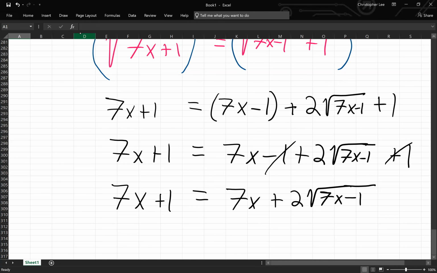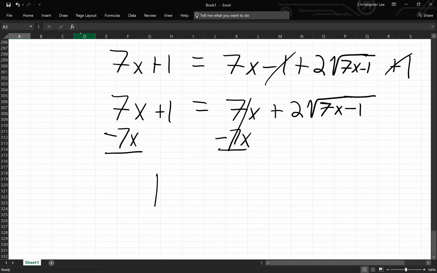So now I'm gonna subtract 7x from over here. What I do to one side, I gotta do to the other. So now I have 1 is equal to 2 times square root 7x minus 1. And now that radical is a problem again, so I want to square it.